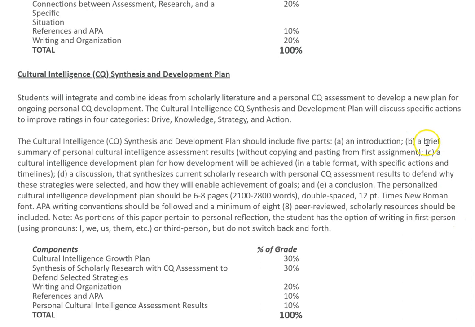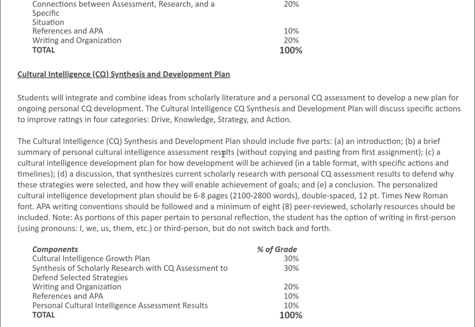So for this second section that we've called Personal Cultural Intelligence Results, you should have level 2 headings, one for drive, one for knowledge, one for strategy, and one for action.